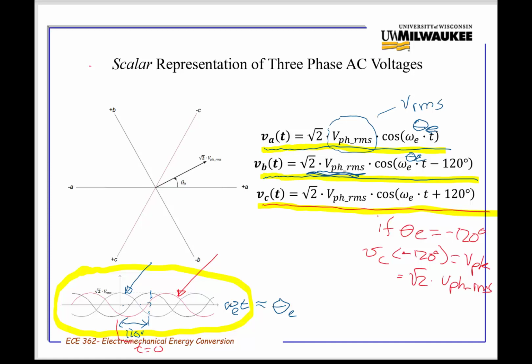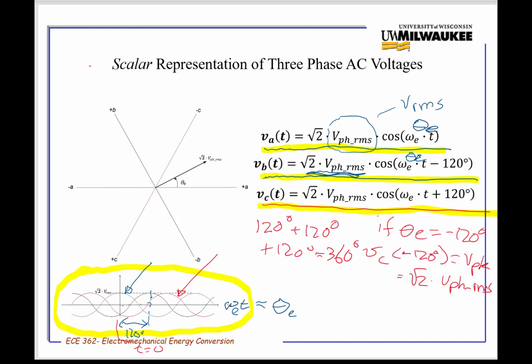So we know that if we were to take 120 degrees and add 120 degrees to it, and then add another 120 degrees to it, we would get 360 degrees.